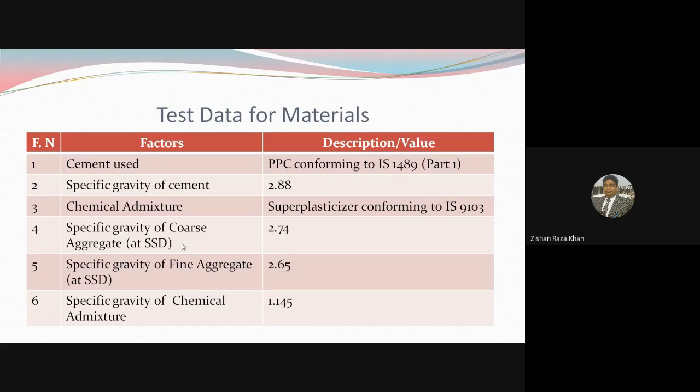Although we try to protect the aggregate from direct rain, in actual condition either moisture is in excess of the saturation condition, or if it is in a dry state, it will not be fully saturated. So there will be some loss of water from the mix, or there must be some supply of water from the aggregate.